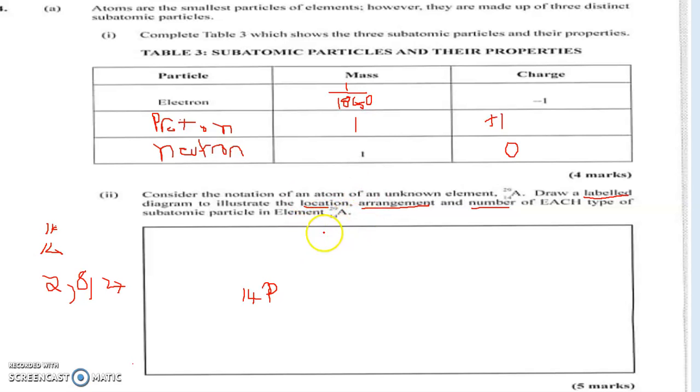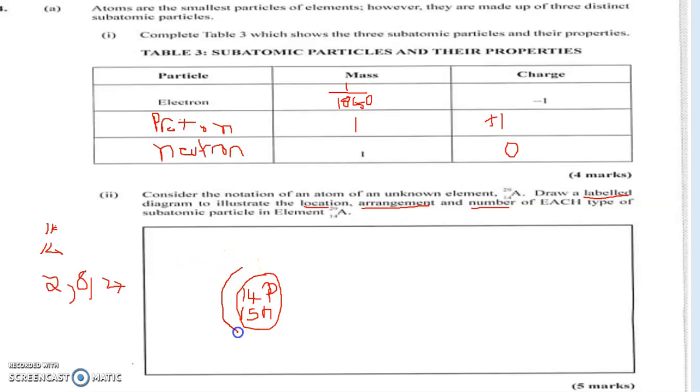So thus the number of neutrons is 15. Let's write that properly: 15 neutrons. And this would be the nucleus of element A.